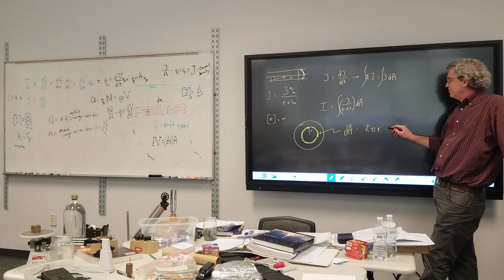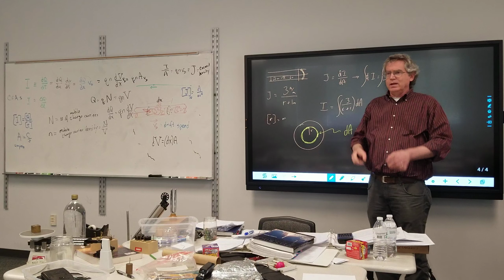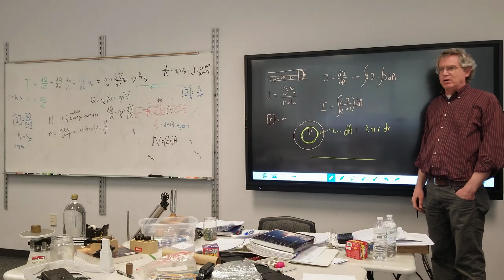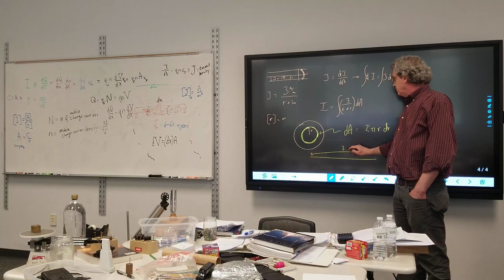dr. If you think about this as just a ring, if I pull that ring out and I cut it, basically it's just a long piece of line here. The length here is 2 pi r.